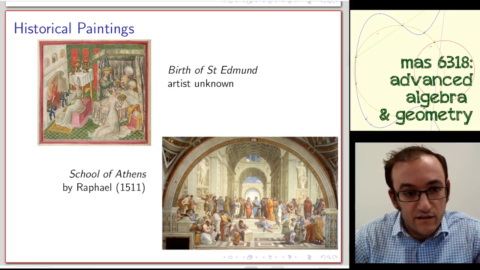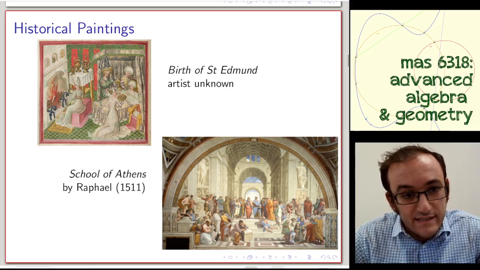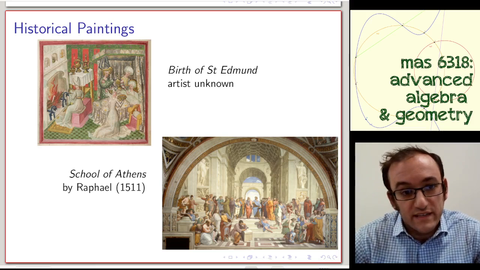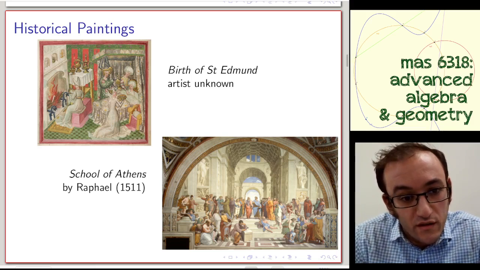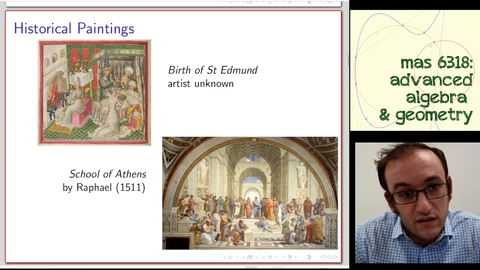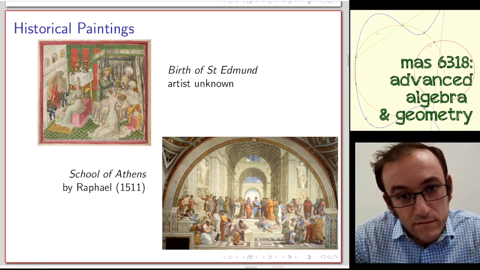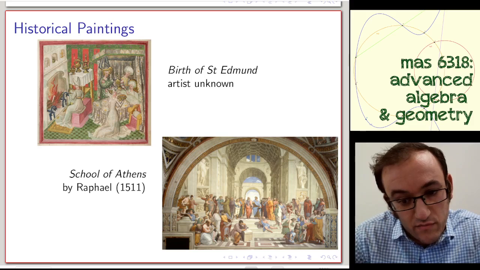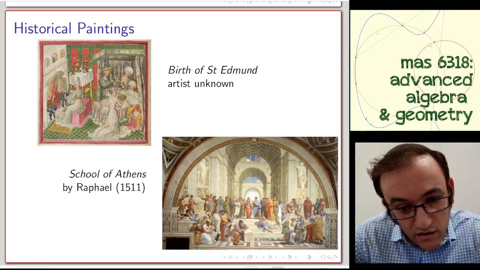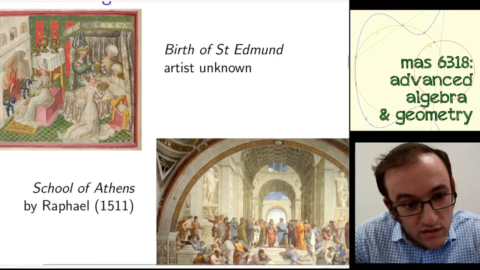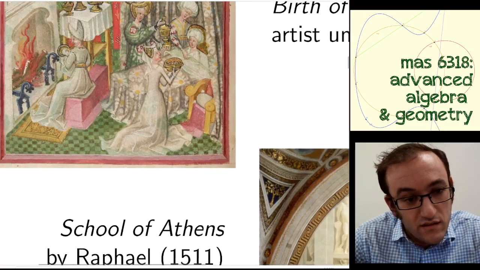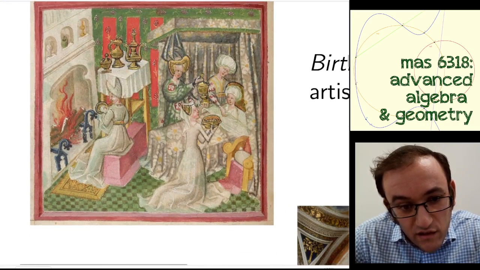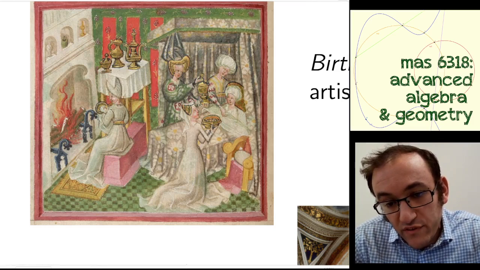Okay, and here are two examples of paintings, one with perspective and one without perspective, from history. So if you zoom in to the cartoon here, I'll see if I can zoom in effectively, the image here, you'll see that along the floor, the tiles are all perfectly square.